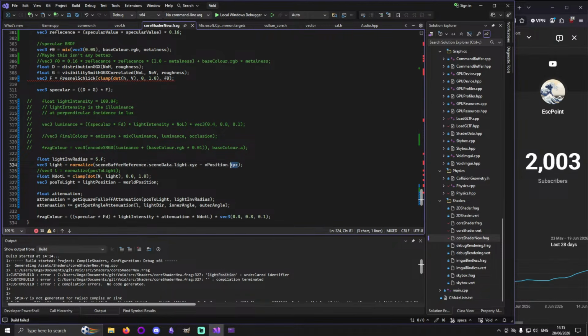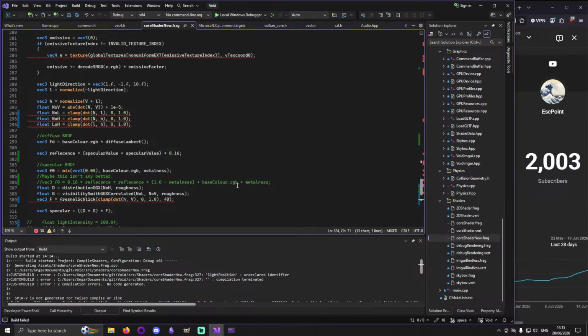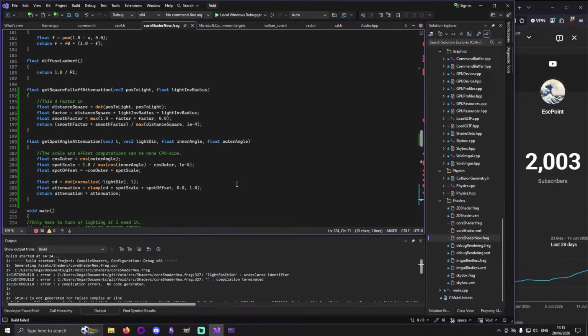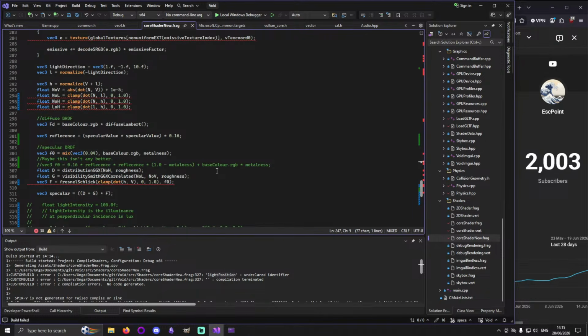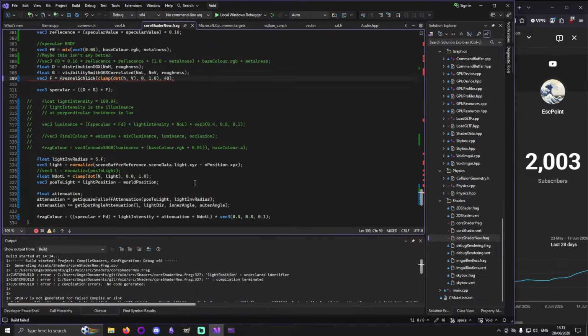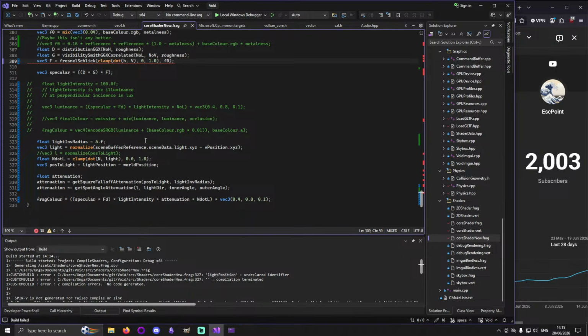I'm gonna go with the position minus world. Let me look at this again. All right, so I'm going to scroll down here. I have a feeling that we don't need to see this at all. Light position is what I've already typed in.